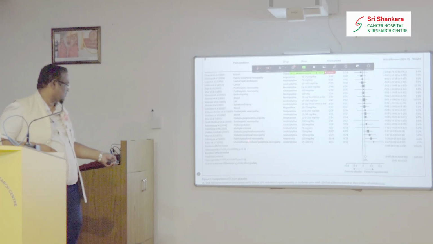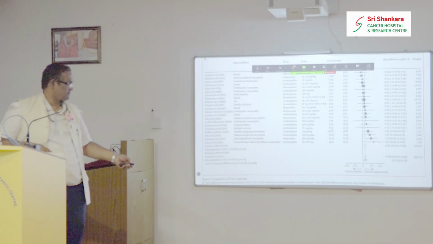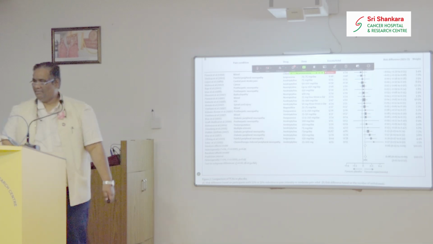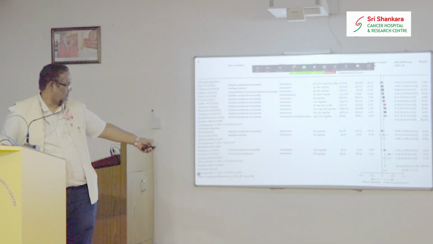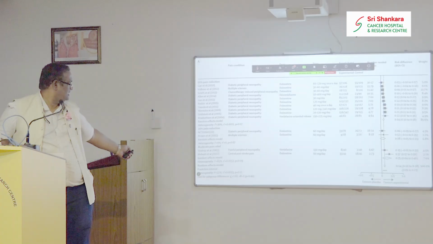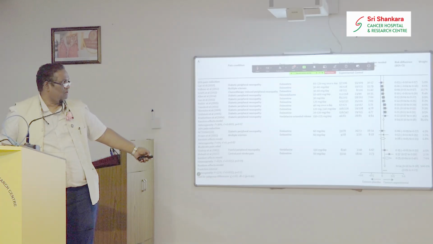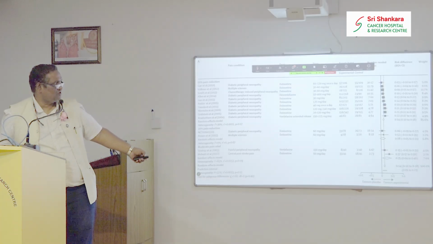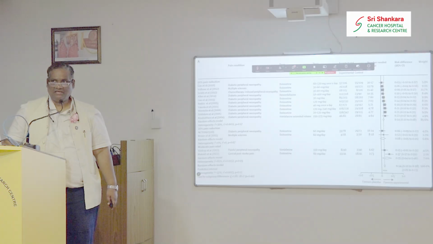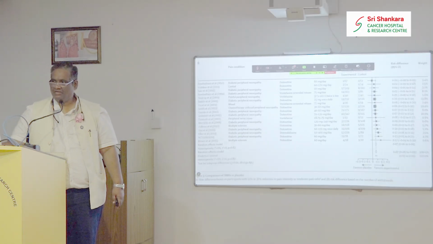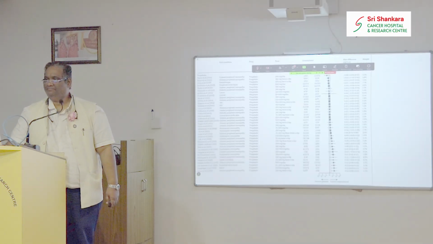Over here, okay, so it's favorable results. So this is a line of no effect. So anything which is on this side is always a favorable thing. You see, almost all of them are having a favorable effect, and most of them are non-cancer pain, non-cancer neuropathic pain, except for the chemotherapy-induced pain. So I think the onus lies on us now that we should come with some solid data.